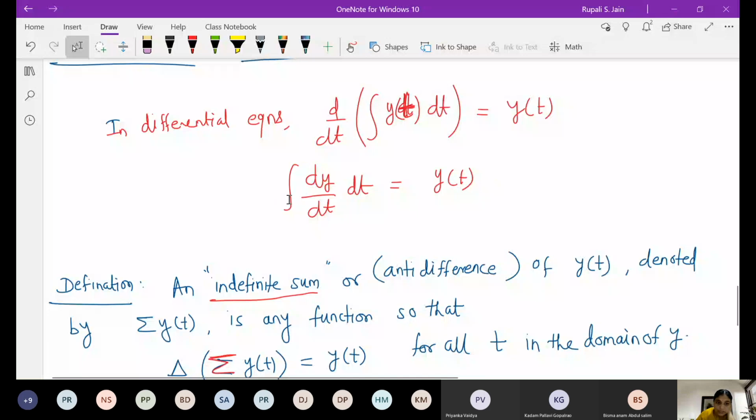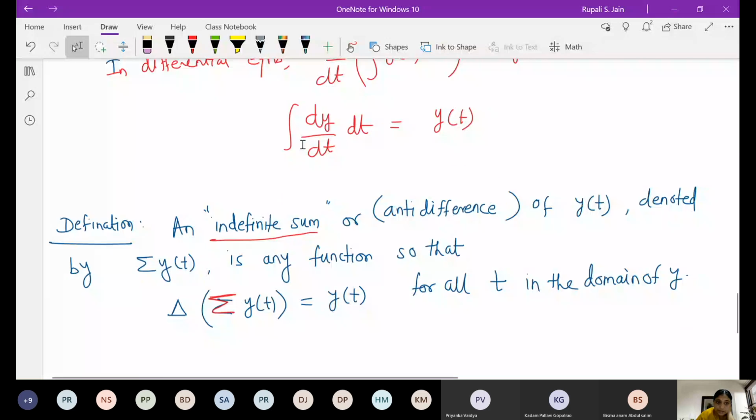This sum is nothing but the discrete form of integration. Like our delta is the discrete form of the differential operator d by dt, similarly summation is the discrete form of this integration operator. Is that okay?